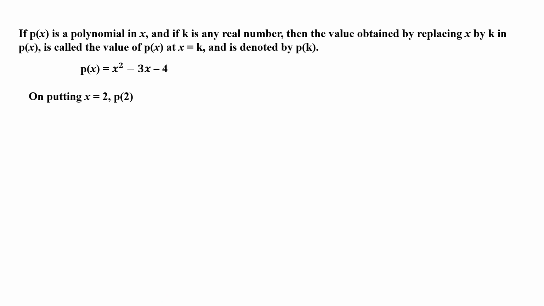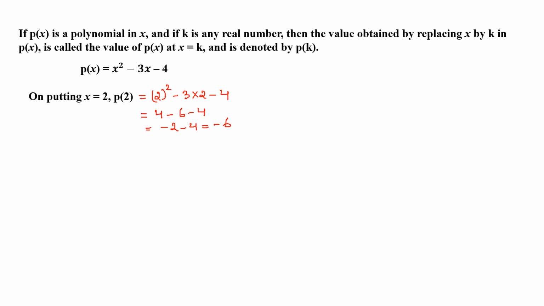When you put the value of x as 2, in place of x, it will be 2. So x square will become 2 square minus 3x means 3 into 2 minus 4. So 2 square will be 4 minus 6 minus 4. Now 4 minus 6 will give me minus 2 minus 4. So it will be minus 6. So the first value I got here as minus 6.